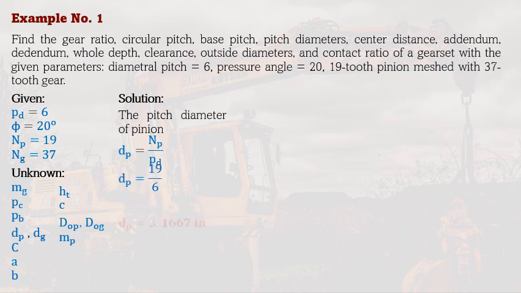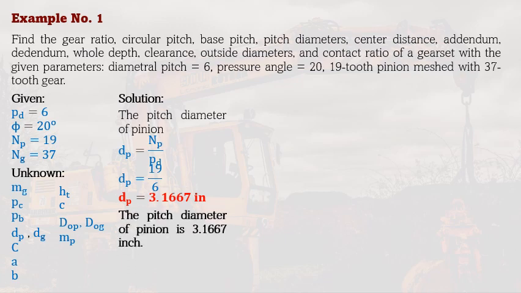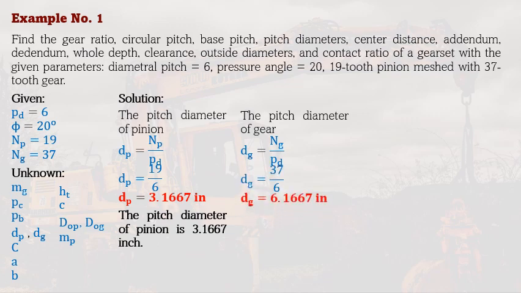Substituting the values, our pitch diameter of the pinion is 3.166 inch. So you can draw a circle that will be the pitch circle for the pinion using this diameter. For the gear, on the other hand, that is NG over PD. Substituting the values from the given, the pitch diameter of the gear is 6.1667 inch.